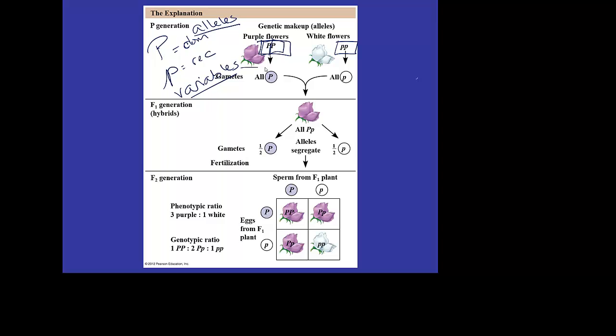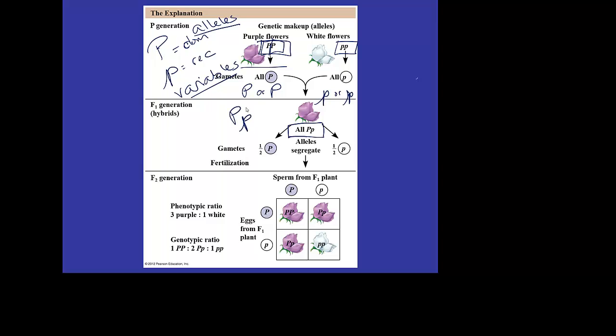As far as inheritance of these alleles, the organism could inherit, in this case, only big P's, right? This parent is giving only big P to its next generation. This individual is giving only little p to the next generation. Fine. But when you get down here, you see this individual, even though it's purple in its phenotype, has a genotype that is big P, little p.